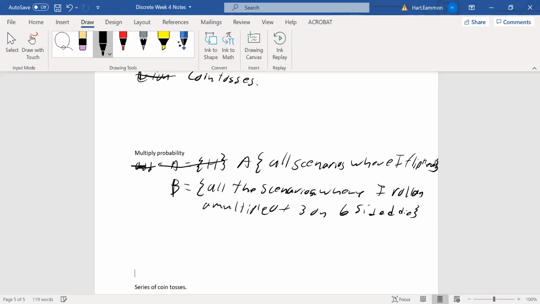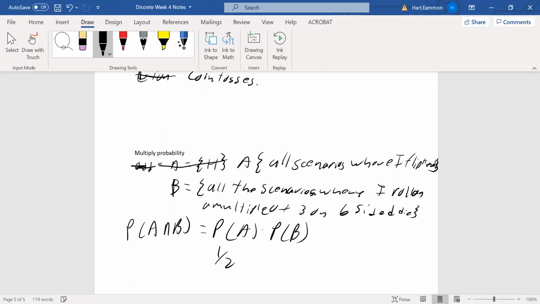Then the probability of A intersect B is going to be the probability of A times the probability of B. These are clearly unrelated events, so we should expect them to be independent. So the probability of A is 1/2, and the probability of B is 1/3. So I get 1/6 as my probability.